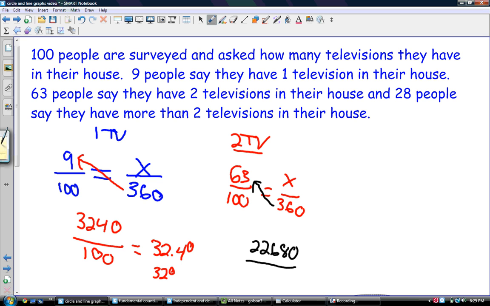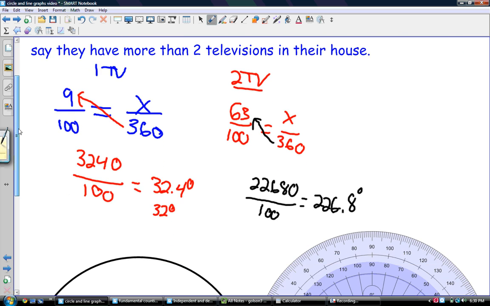And then again, I need to divide that by the 100. Divide that by 100, and you should get 226.8. And then we'll round that off to the whole number, since we're going to use our protractor, which only goes to whole degrees. And so we'll make that section of the circle exactly 227 degrees.